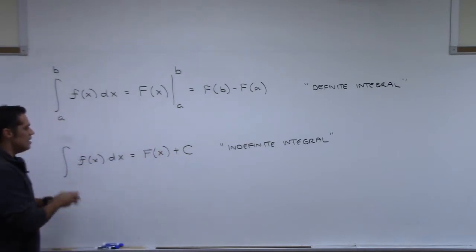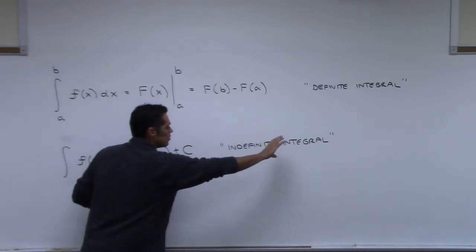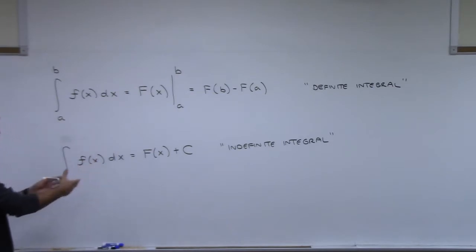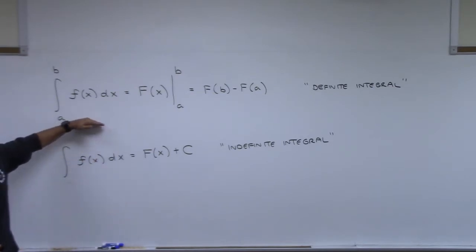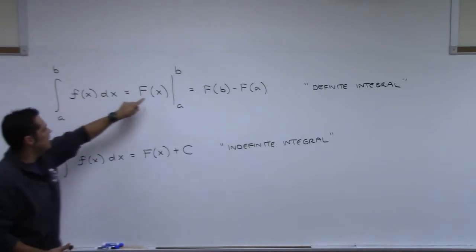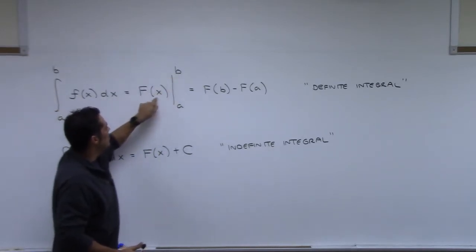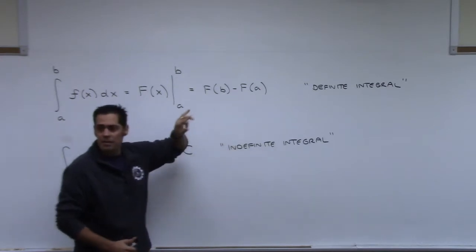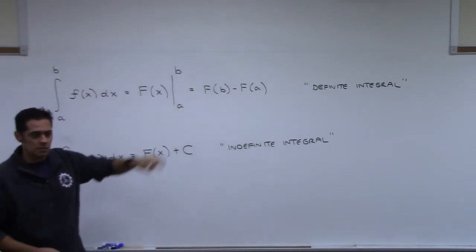So the answer to an indefinite integral is a family of functions, as opposed to the definite integral where you have these numbers here now, and that means you have to find the antiderivative, plug this number in, subtract, and then you get a number as an answer, right?